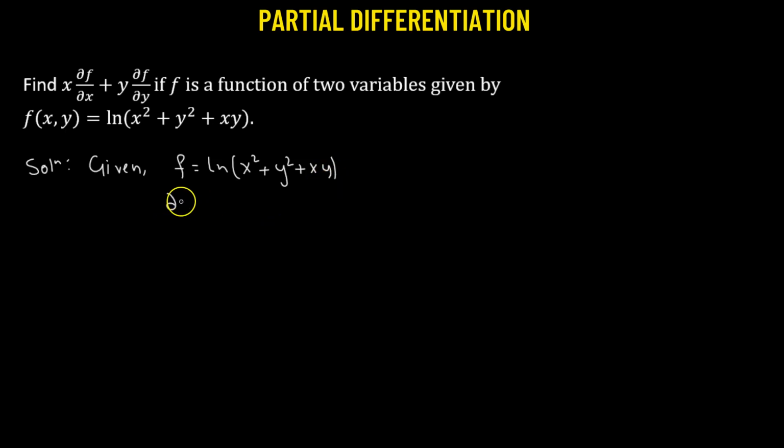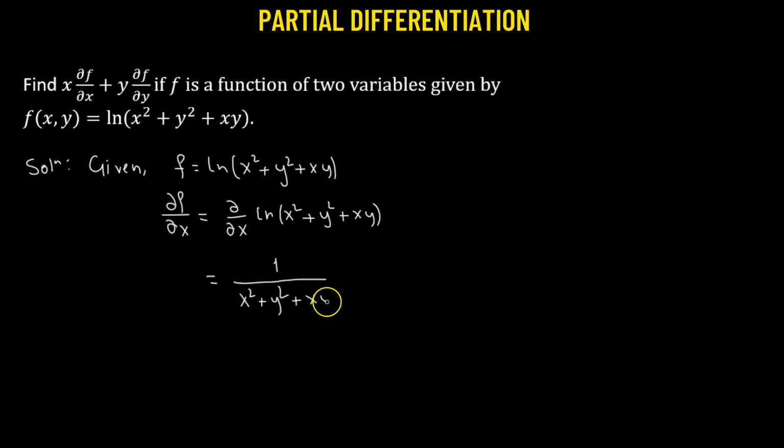So let's find the partial of f with respect to x, which will be equal to the partial with respect to x of our logarithmic function, log of x squared plus y squared plus xy. We know that the derivative of a logarithmic function is 1 over x squared plus y squared plus xy, multiplied by the partial derivative with respect to x of x squared plus y squared plus xy.